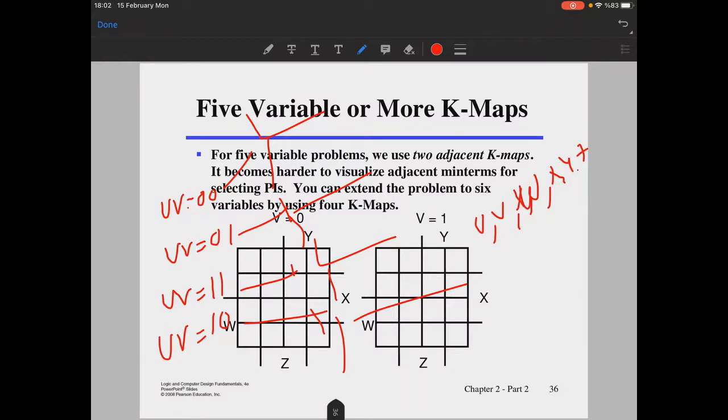And you can also use Petrick's method for choosing the best prime implicants when you use the Quine-McCluskey algorithm or something like this. But okay, these are extra. I will put other videos on them if I can find the time.